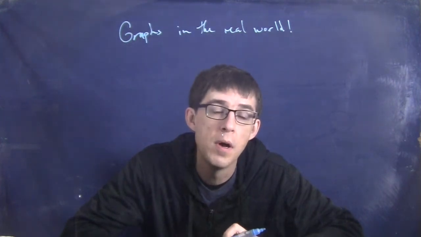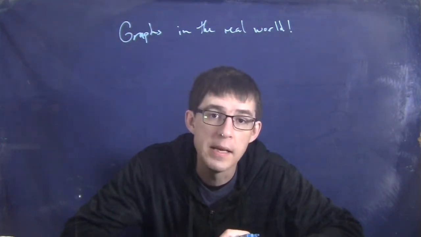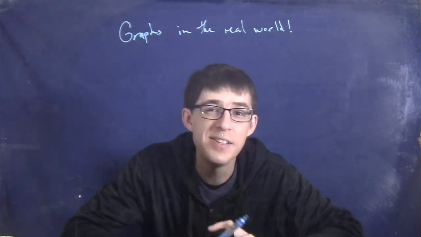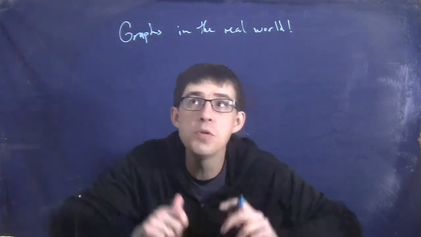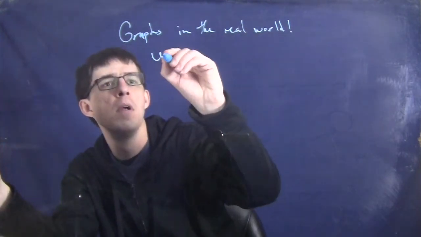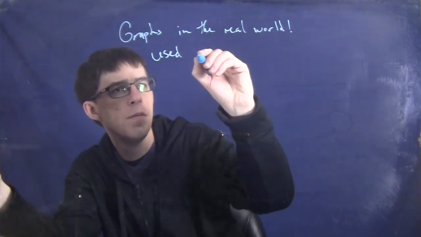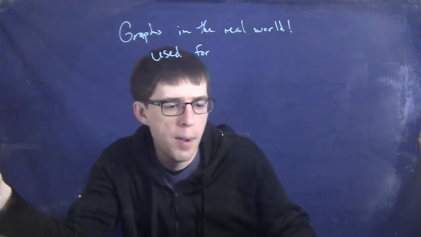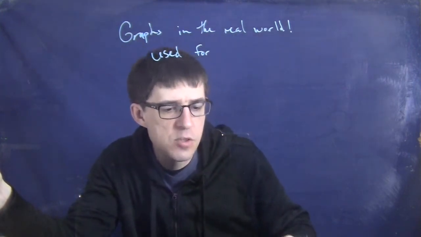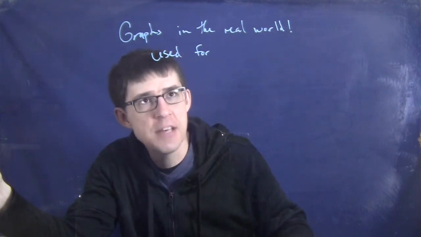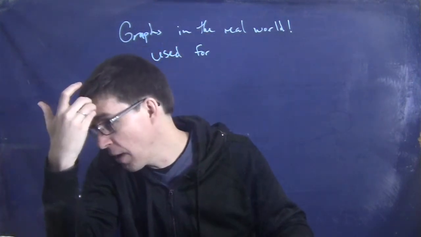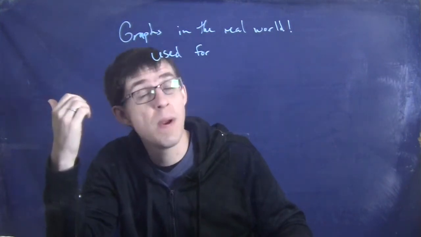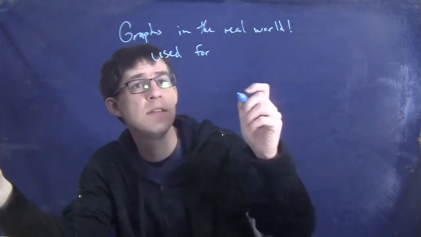You use algebra and calculus and that kind of stuff all the time to do those. It turns out graph theory is not so much used for phenomena of the natural world, but graphs are used more in the social sciences rather than the physical sciences.